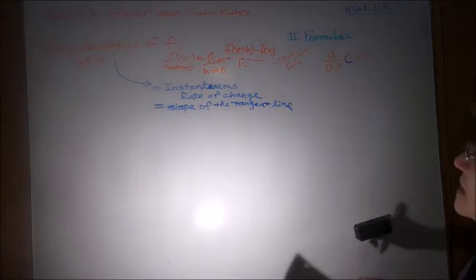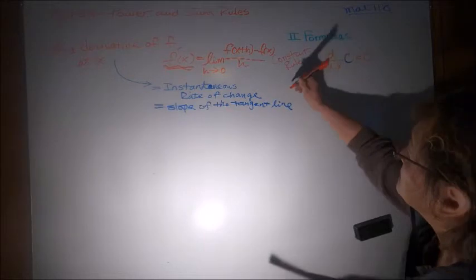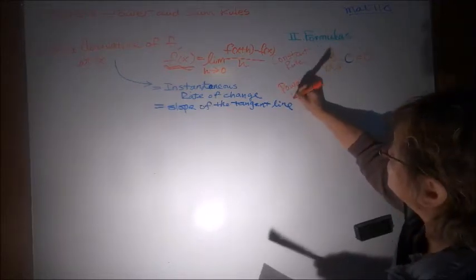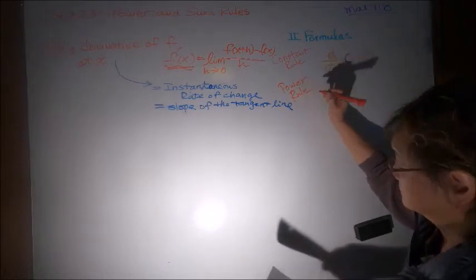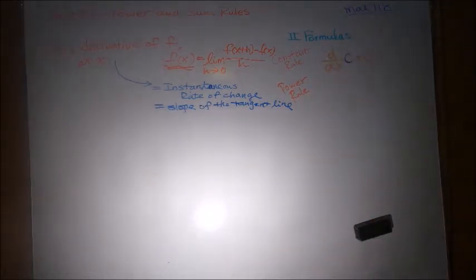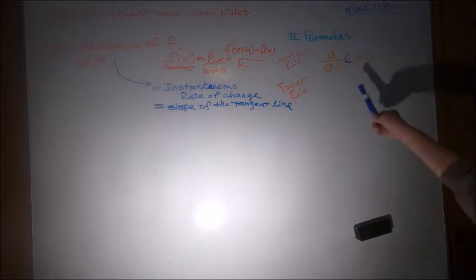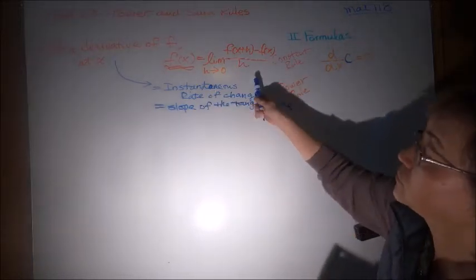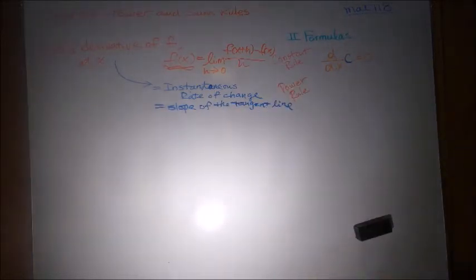Let's see the second rule. The second rule is what we call the power rule. After this, we are going to just use the formulas instead of going through all the original ideas.